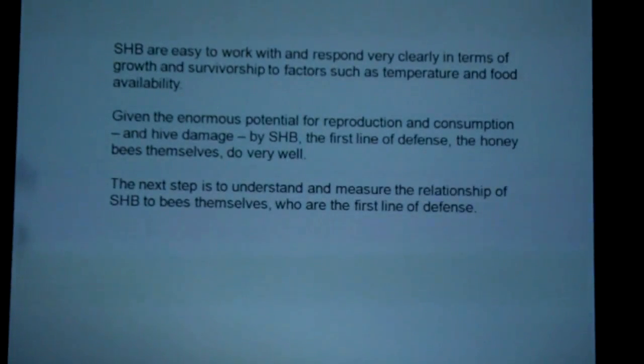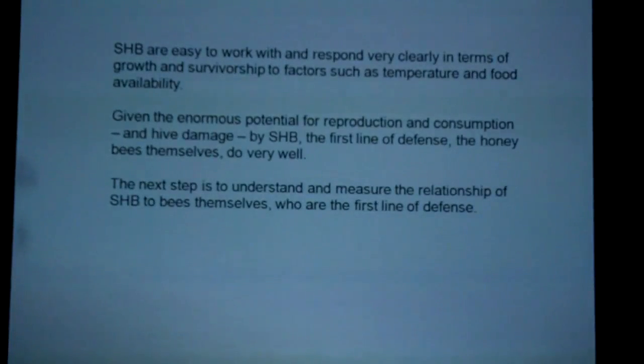So what we can do now is, just taking the numbers that I presented last year about temperature and diet and the numbers this year, we could easily construct a model that would probably forecast very well beetle population growth in the absence of bees. In other words, if you just gave them pollen patty to feed on. But that's useless. Nobody cares. What we want to know is how does their population grow in the presence of bees, not in the absence of bees. So that's the next step.